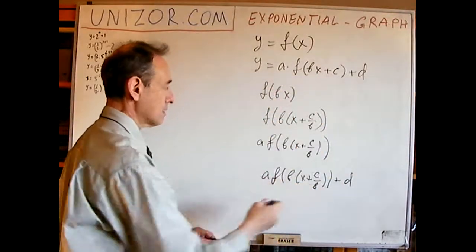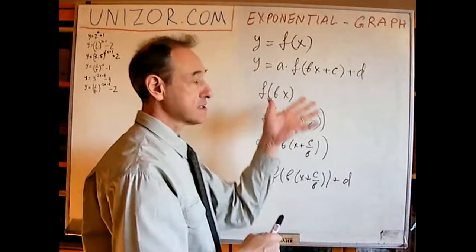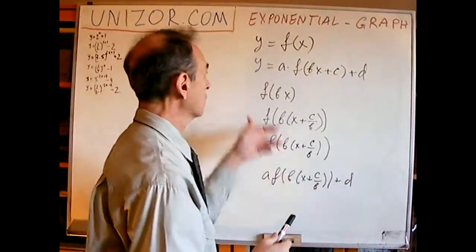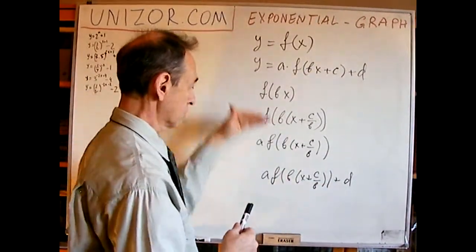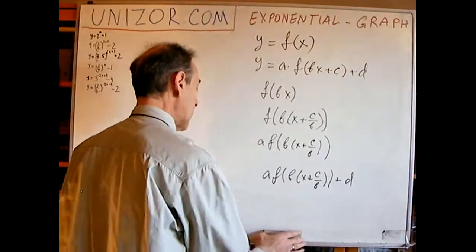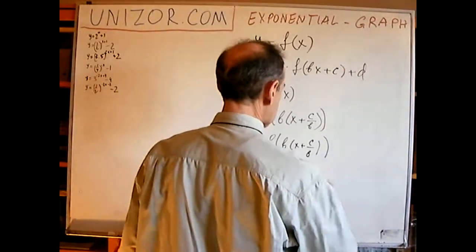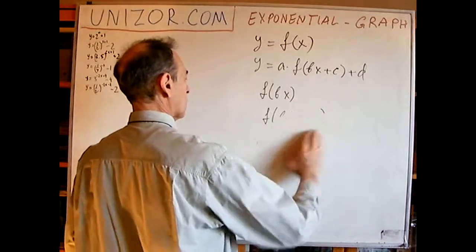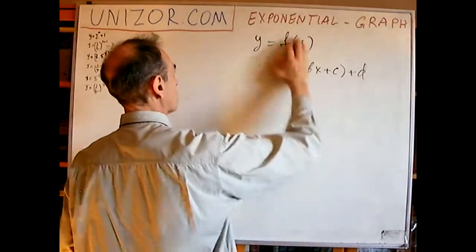So these are the sequence of steps which you have to do to transform from this to this. So we'll do it step by step. And now let me just go straight to the problems related to graphs of different exponential functions.